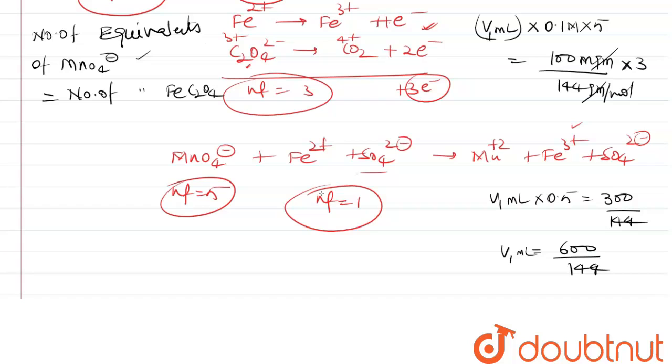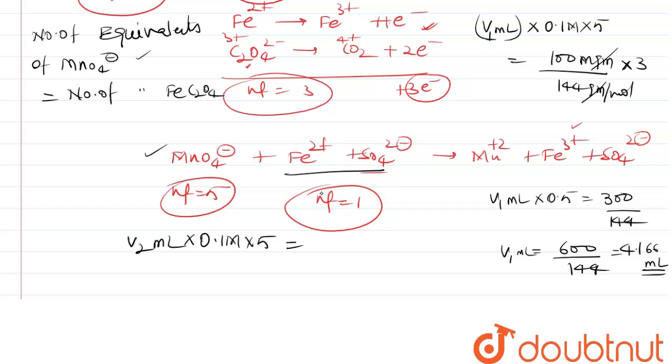What is the answer for this? 600 divided by 144 is 4.166 ml.